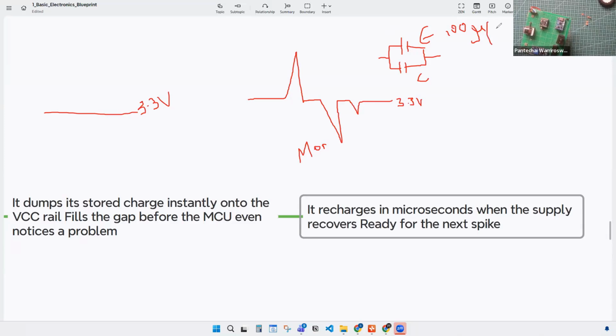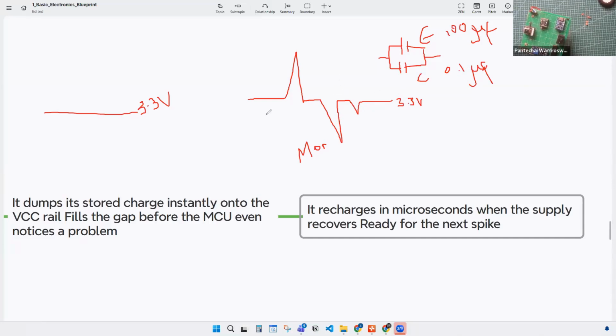I'm really sorry about my bad drawing, but try to understand. The other capacitor is a 0.1 microfarad capacitor. So what will these two capacitors handle? Whenever a very huge spike is there, it is handled by the bigger 100 microfarad capacitor, and small spikes are handled by the normal 0.1 microfarad capacitor.